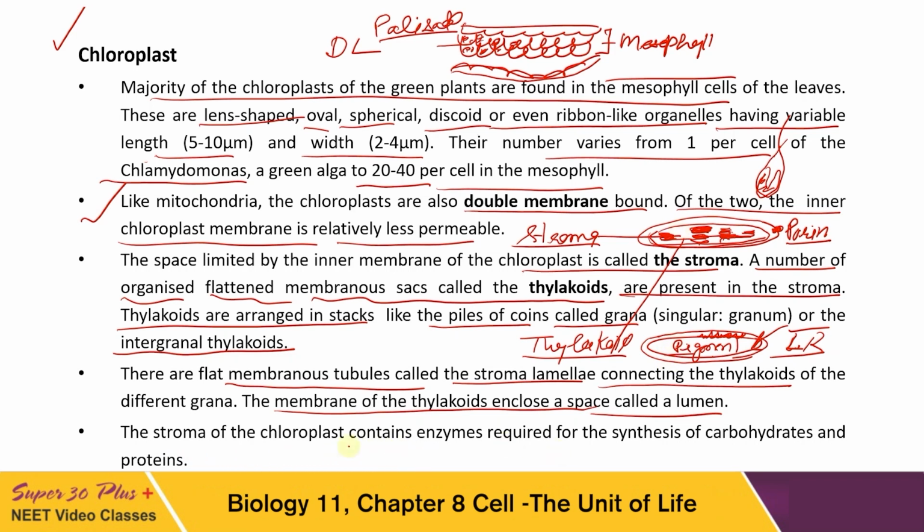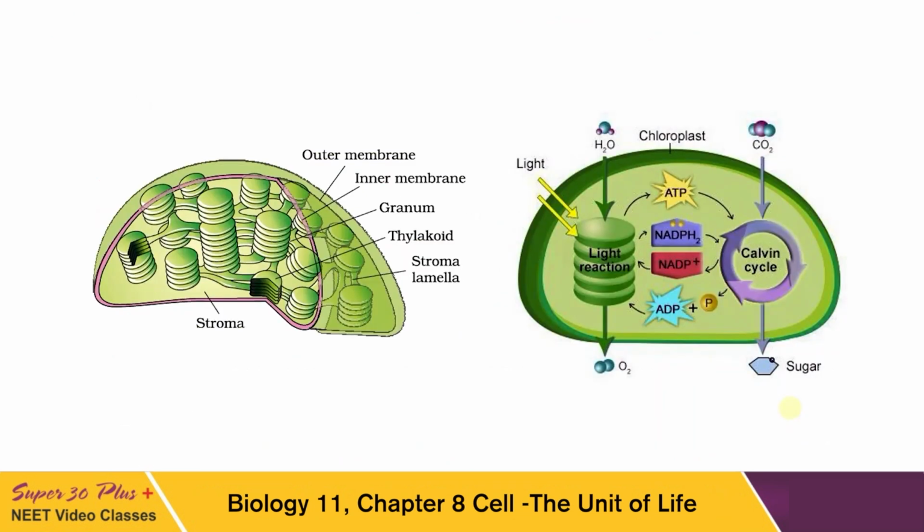The stroma of the chloroplast contains various enzymes required for the synthesis of carbohydrates and proteins. We will see the details now. You see here, this is the outer membrane, this is the inner membrane. These are the grana, just like coins placed one above the other.